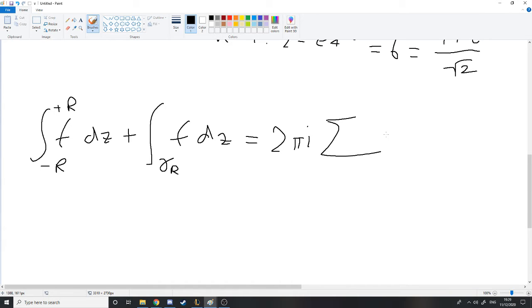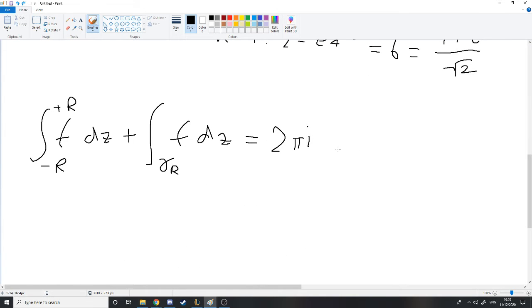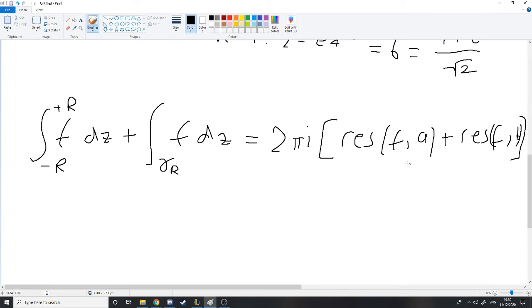We know there are two singularities enclosed by the path, so it's 2 pi i times the residue of f at A plus the residue of f at B. This is the thing we now want to find.